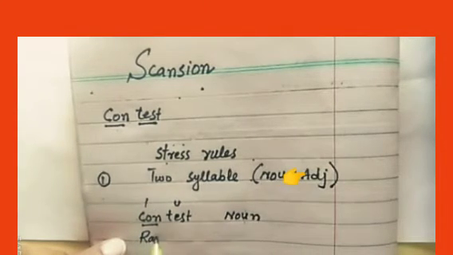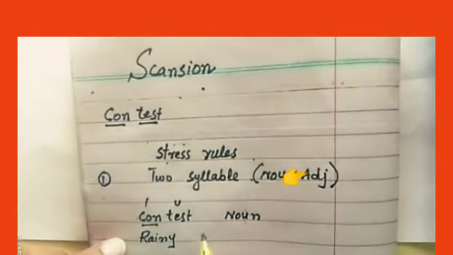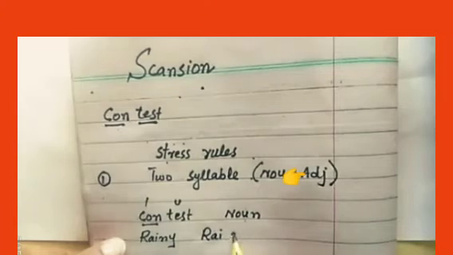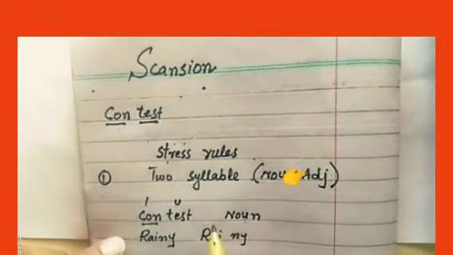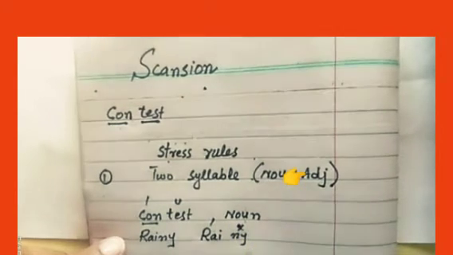A rainy day. Rainy. It has two syllables. Rainy. This one will be stressed and this will be unstressed.